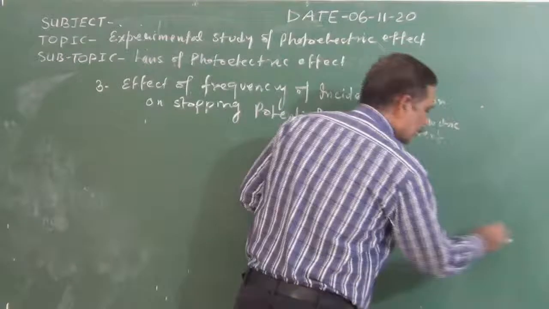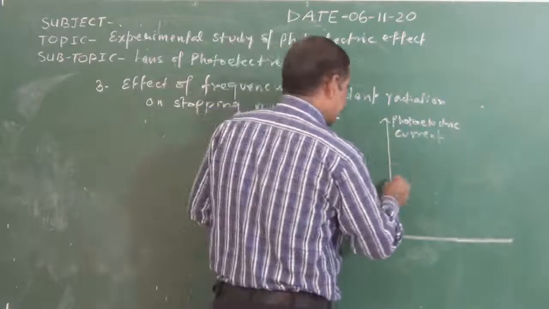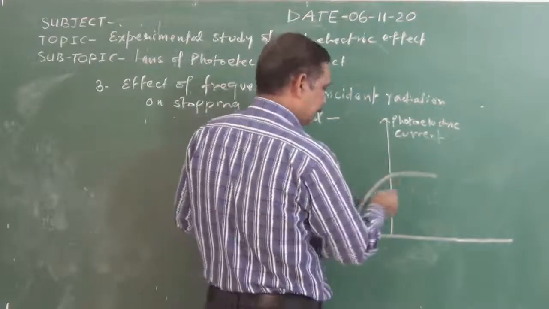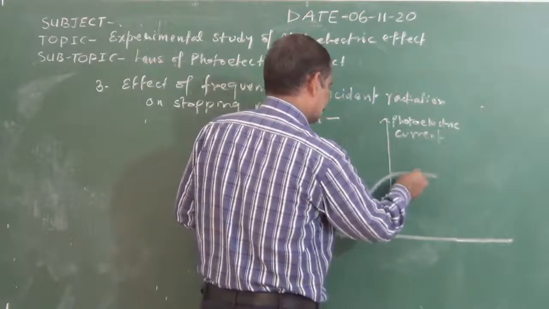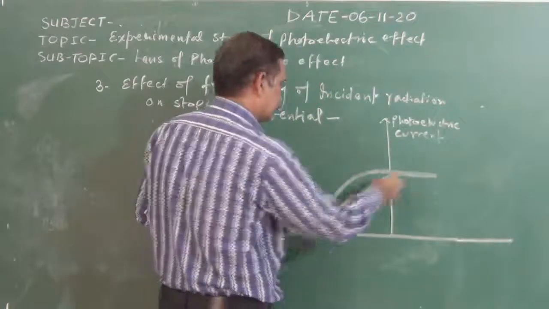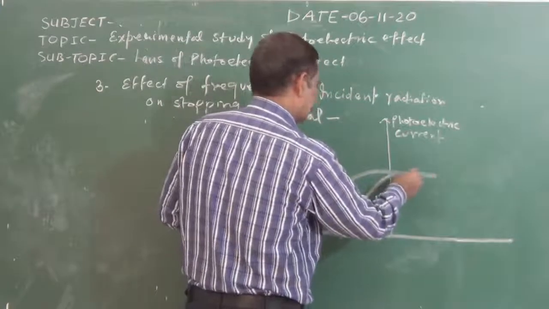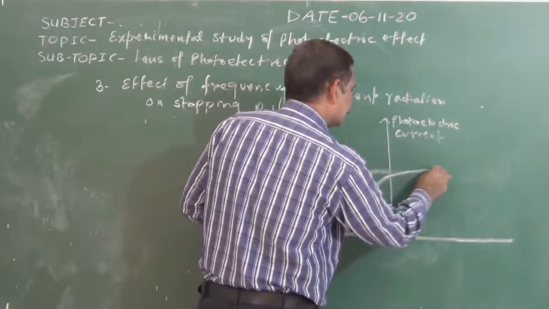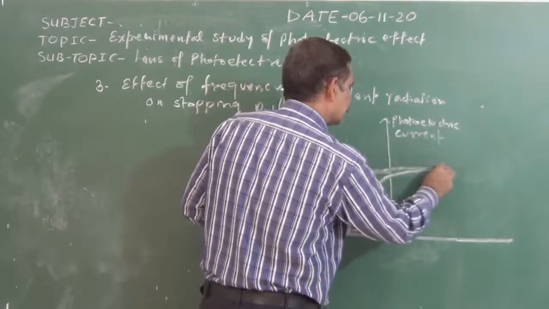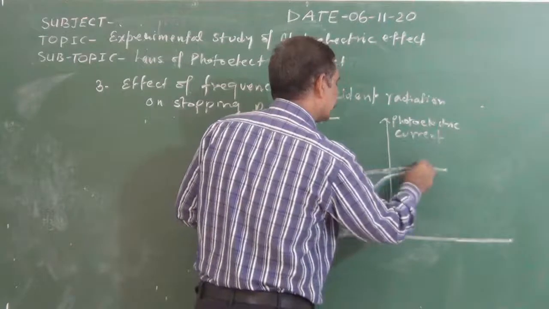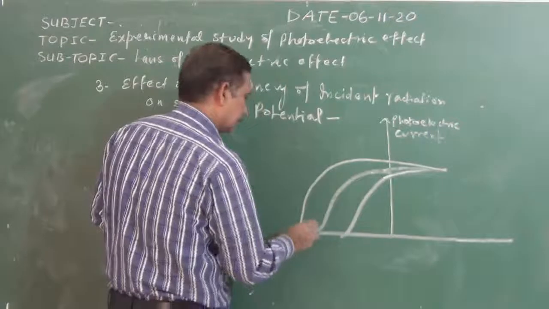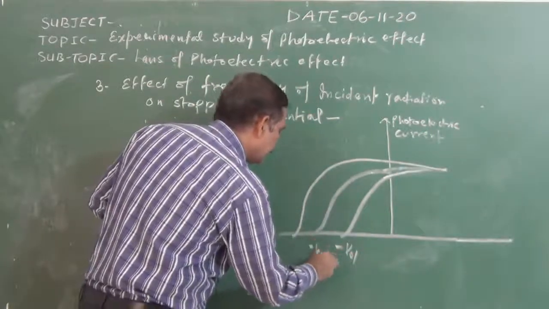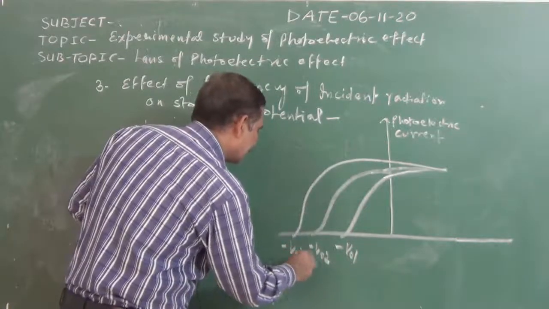So if we plot the graph, this is minus V naught 1, minus V naught 2, and this is minus V naught 3.